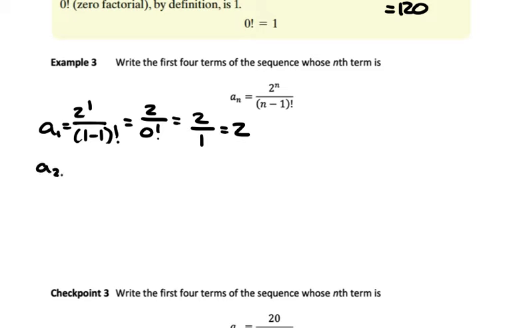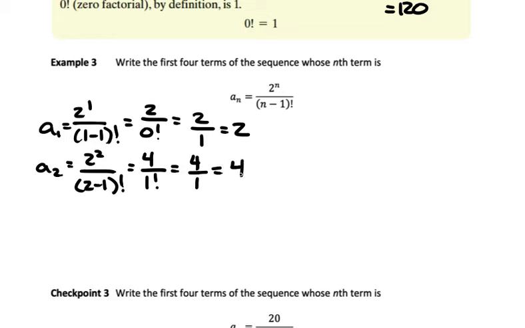A sub 2, we have 2 squared over 2 minus 1 factorial. 2 squared is 4. 2 minus 1 is 1, and 1 factorial is also equal to 1 because it's just 1 and it doesn't have anything else to multiply by. So that's equal to 4.